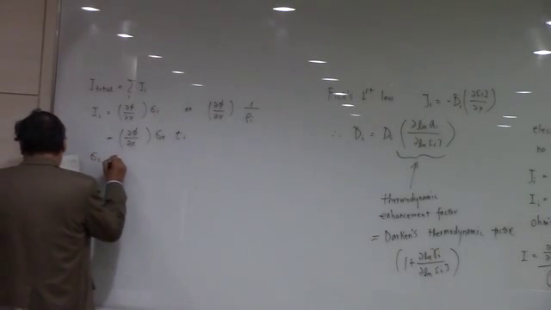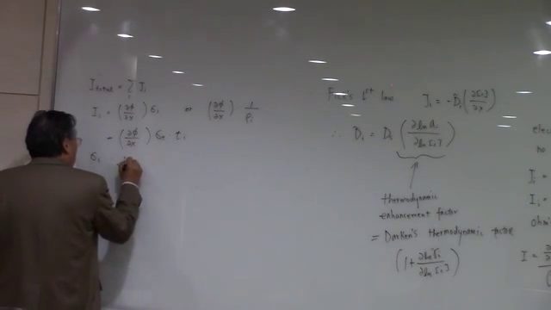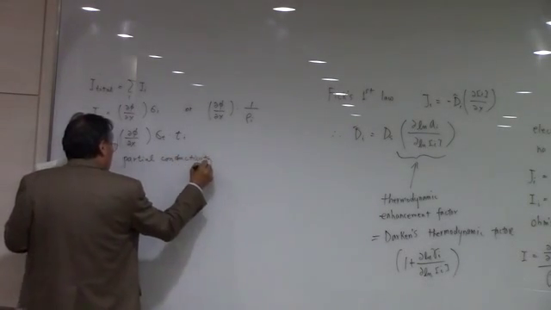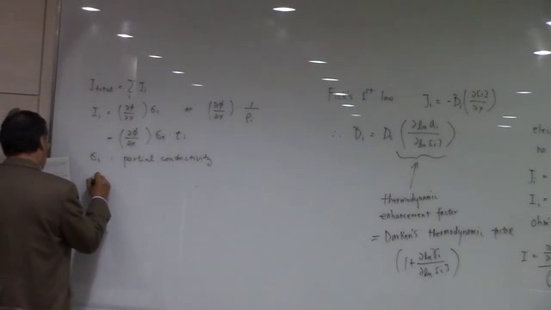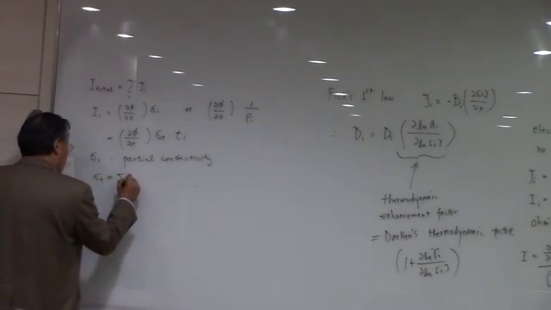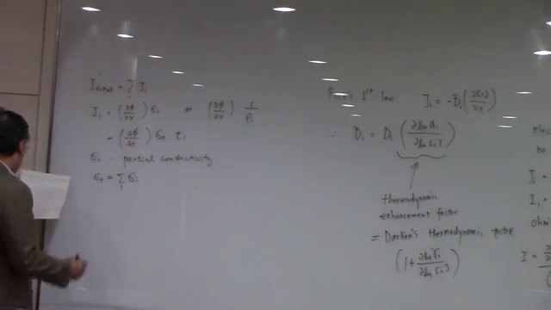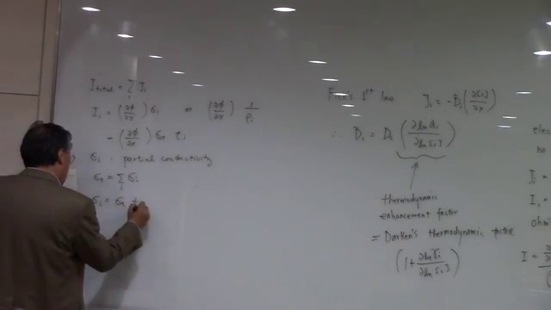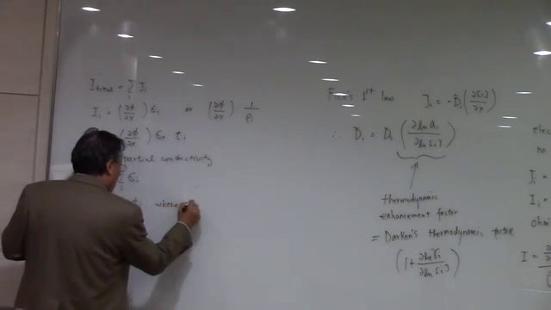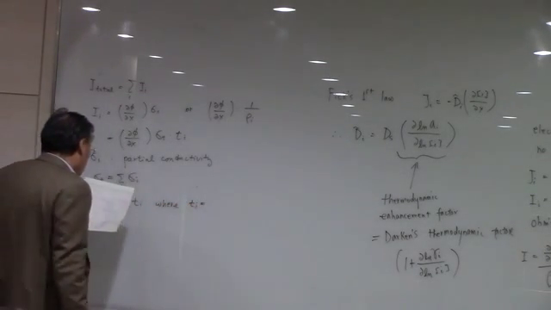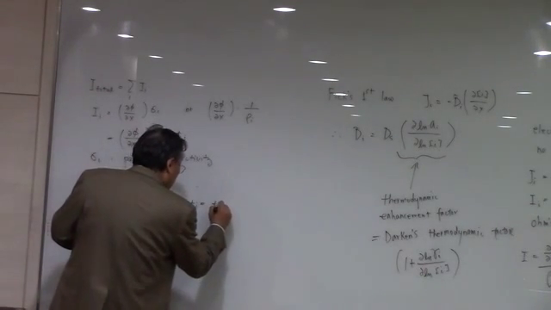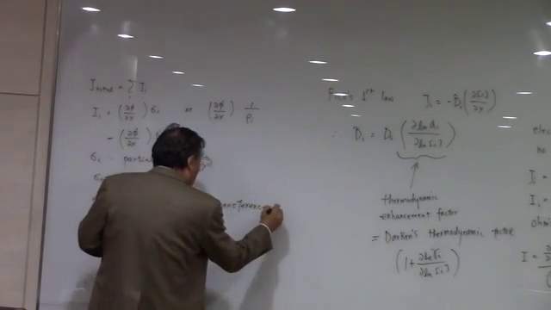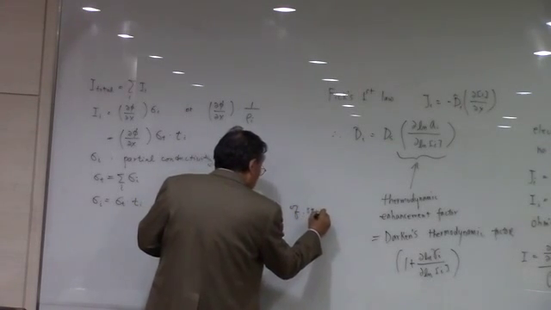Here, sigma i is going to be the partial conductivity, and so the total conductivity is going to be the summation of all partial conductivities, and this conductivity is sigma ti, where ti is the transference number of species i.